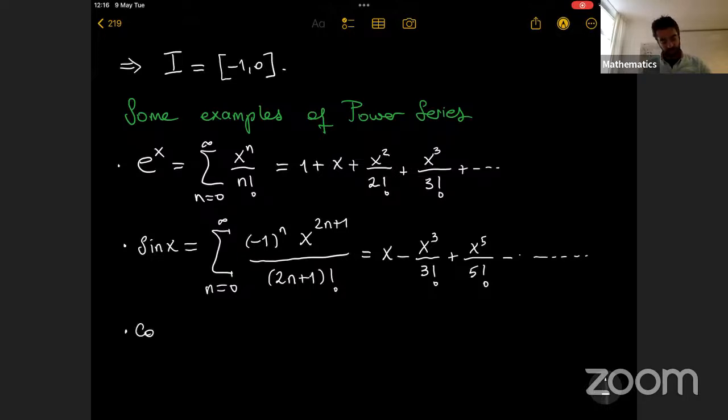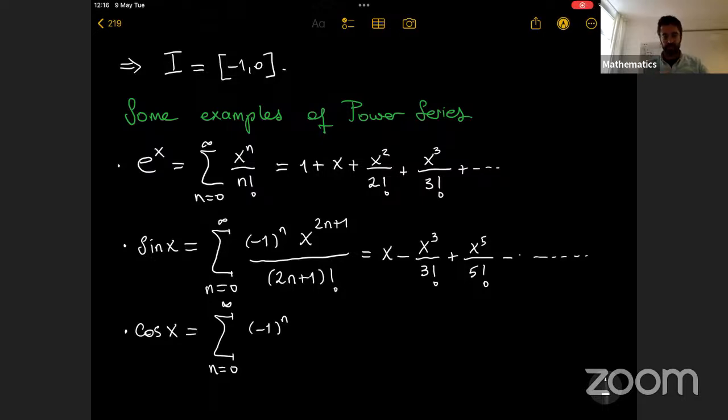Cosine x, it's an even function, so you will have even powers in the power series expansion. Again, minus 1 to the n. It's an alternating series. These are sine and cosine. They are alternating series, okay?